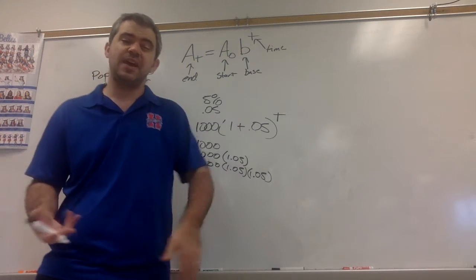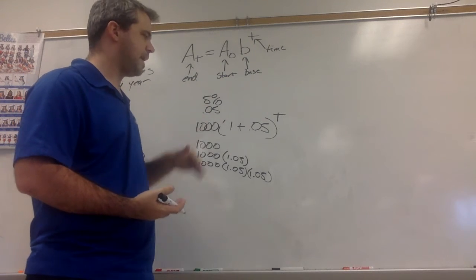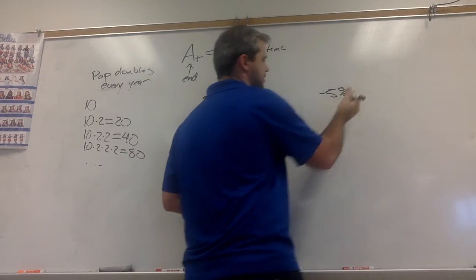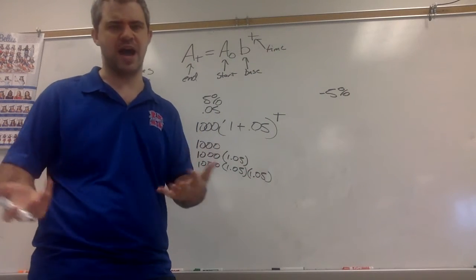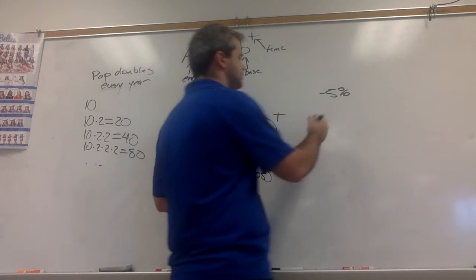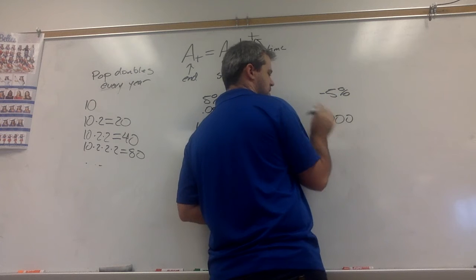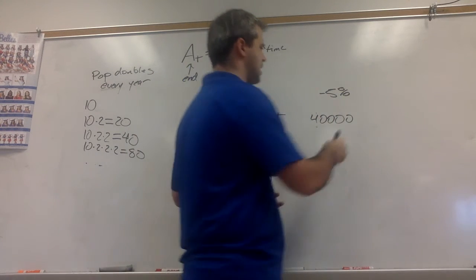And you could do the same thing if you were decreasing by a percent. Let's say that we are losing 5% on something every year. Something is depreciating, like your car or your house. So let's say our car is worth $40,000.